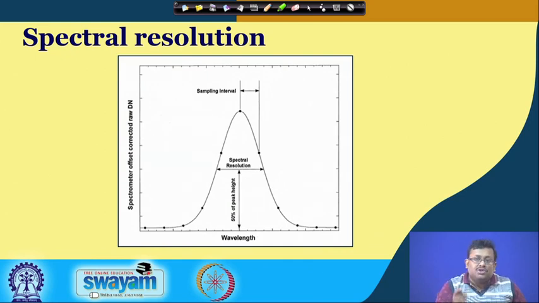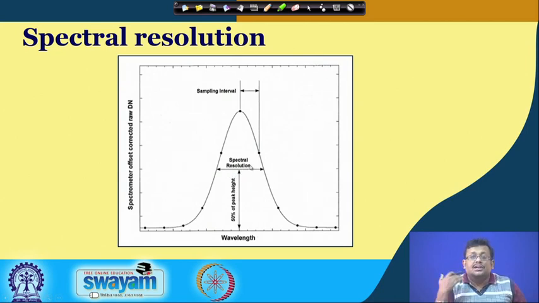Spectral resolution is also very important. Suppose this is a spectral peak, so this difference is called the spectral resolution, and this is 50% of the peak height. If this is the total peak height, the width at 50% of the peak height is called the full width half maximum, or FWHM. So, that shows the spectral resolution.